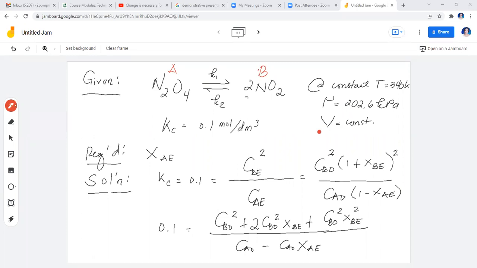If you were listening to the problem, it was read a few minutes ago. It said that we're starting with pure dinitrogen tetroxide, I even emphasized it. So there's no B initially present, so this must be 0. Now this CBO XBE can be expressed in terms of CAO XAE based on the stoichiometry.